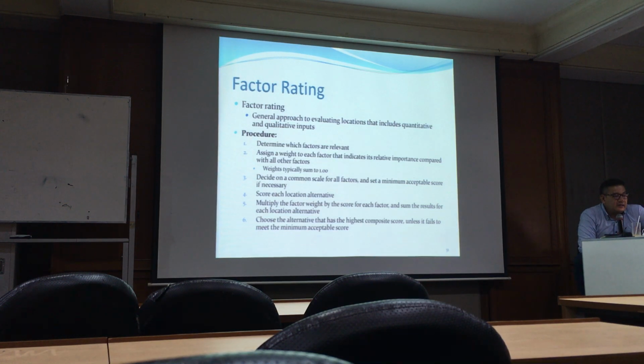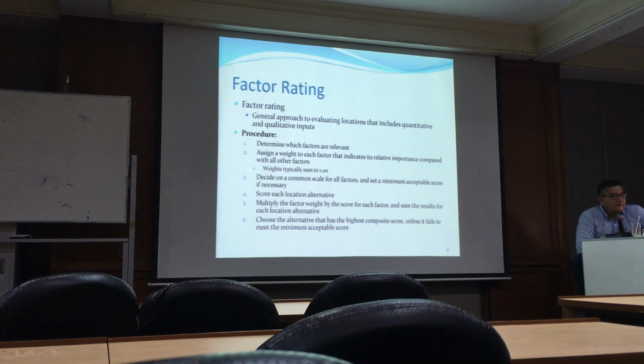And then you develop the scale for all the factors, setting the minimum acceptable score if necessary. For the scale we might use 0 to 10 or 0 to 100. That depends on you. And then among the set of locations that you consider as your alternatives, you give the score, from 0 to 100 or 0 to 10, for each factor, for how much they're going to get.